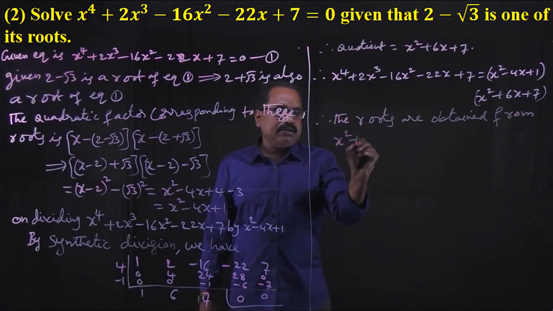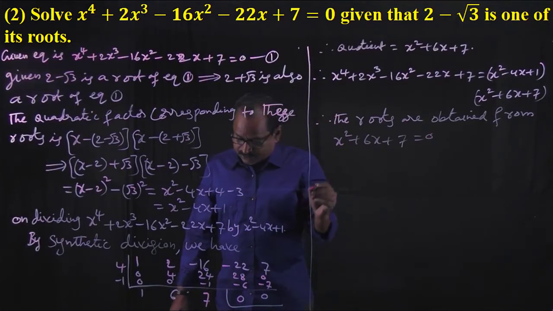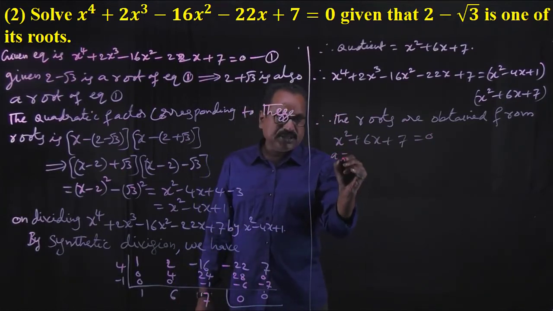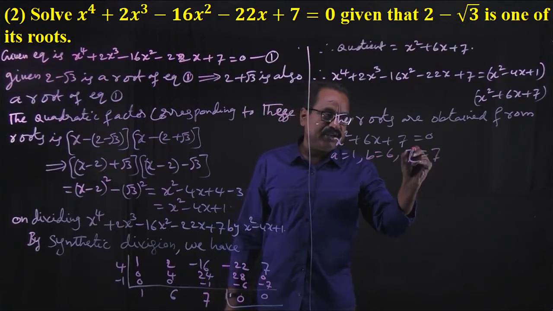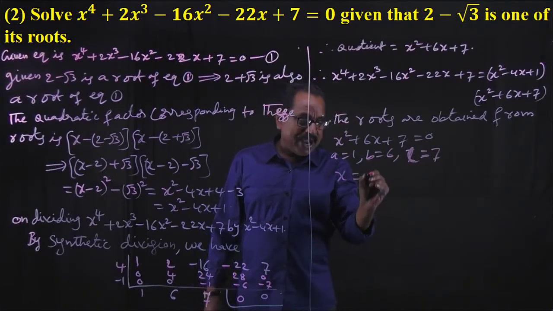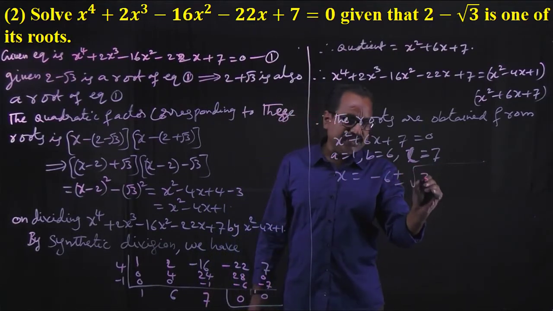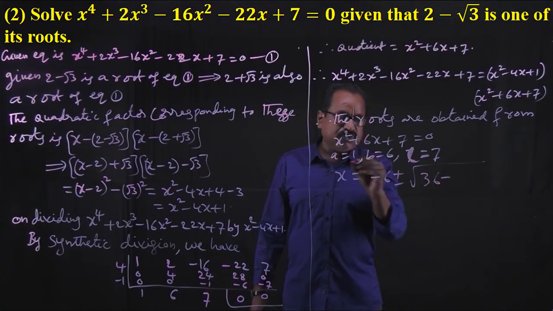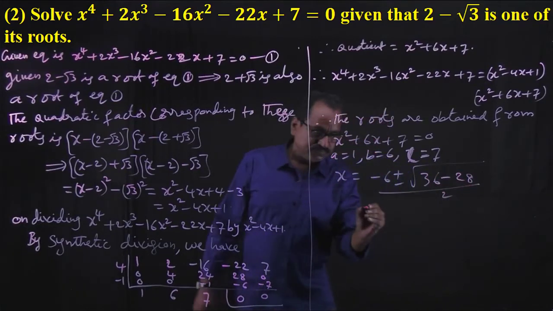x square plus 6x plus 7 is equal to 0. Here small a is equal to 1, b is equal to 6, c is equal to 7. x is equal to minus b, minus 6, plus or minus root of b square 36 minus 4 into 7, 28, by 2.